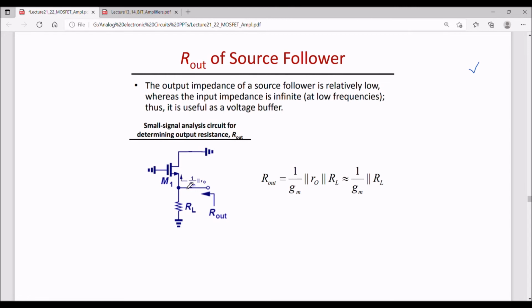One can write that looking into the source of this M1, the impedance is 1/gm1 parallel to ro1, and then you have RL also here. So the total output impedance would be this parallel to this, that is 1/gm1 parallel to ro1 parallel to RL.